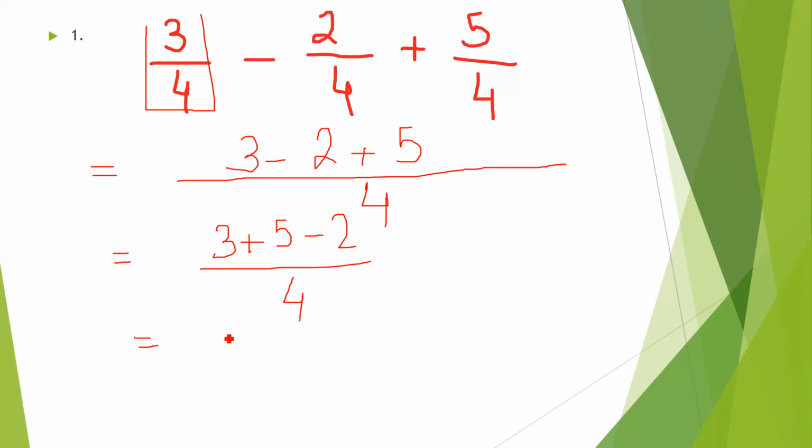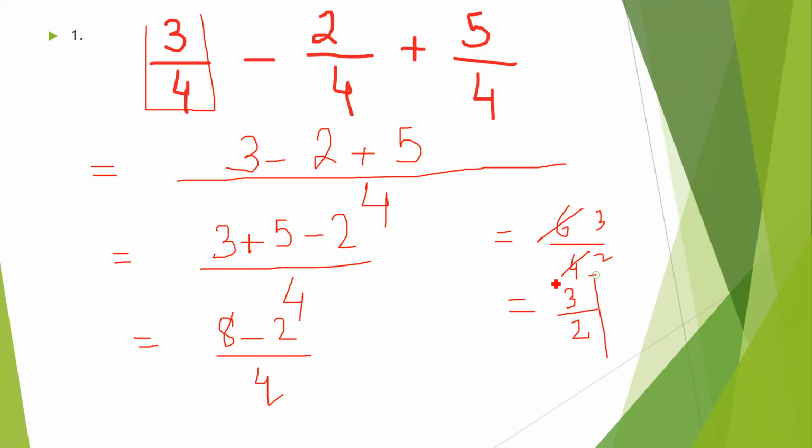So 3 plus 5, 8 minus 2 divided by 4. So the remaining I will do here is equal to 8 minus 2, 6 divided by 4. And 6 divided by 4 is equal to 3 divided by 2. See, 2 times 3 is 6, we can divide it. 2 times 2 is 4, so 3 over 2.